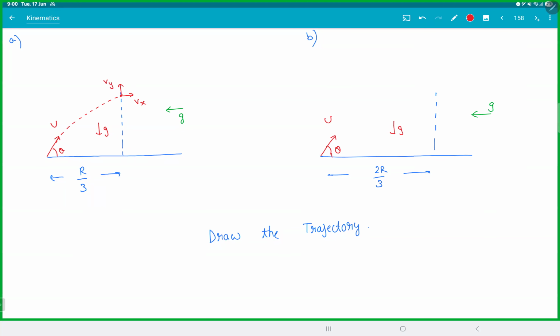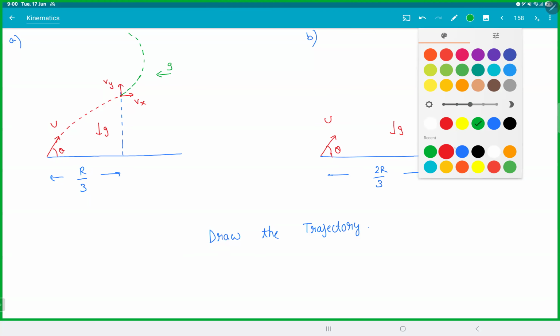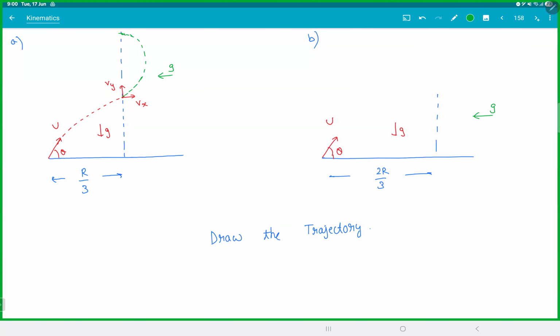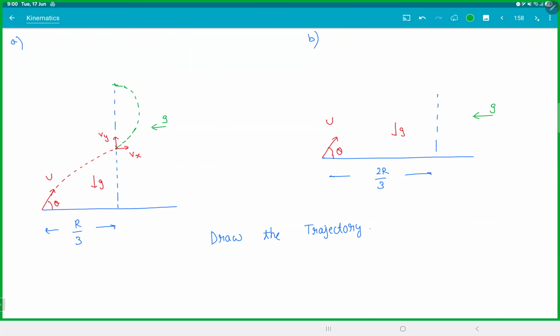Now suddenly the gravity became horizontal like this. So for this particle, the motion will look like this. It's a projectile motion like this. It will go like this. And once it comes out here, again, it will come back with the same velocity Vx this way and Vy this way. So now it is going this way and gravity has become again g here. So this will fly like this and will land somewhere here.